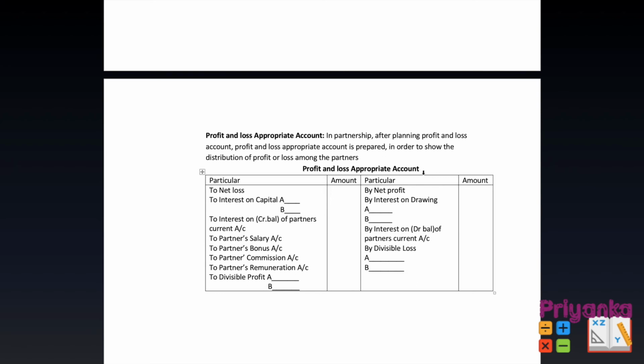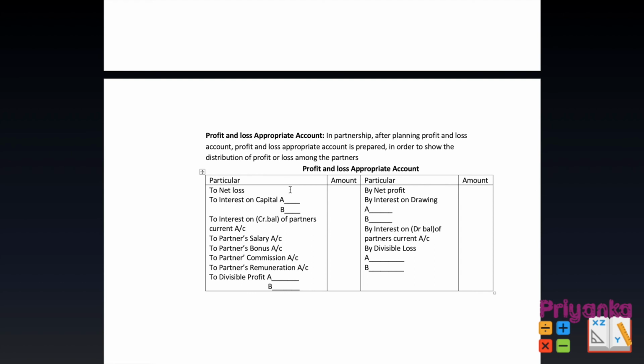After finishing with the trading account and the profit and loss account, if we find net profit, we'll record it directly on the credit side of the profit and loss appropriation account, and if we find a net loss, it will be recorded on the debit side of the P&L appropriation account.